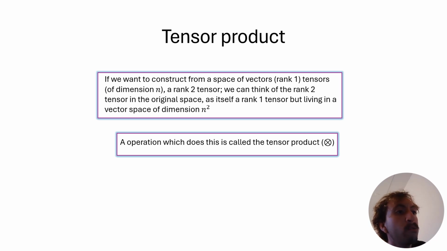And an operation which does this produces a matrix, which we can also think of as a vector living in a vector space with n squared dimensions, because we can always just rewrite the components of a matrix as just components in a row. We're free to do this, providing we keep track of the relative order of the components.